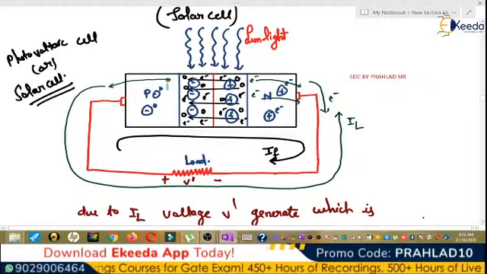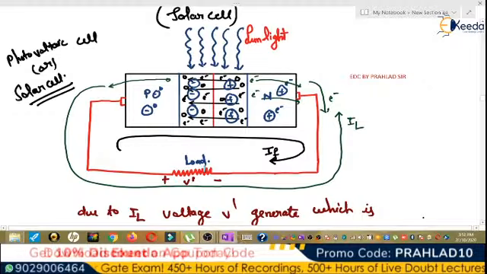Talking about the solar cell, in the solar cell only a load is connected, but no supply is connected here.